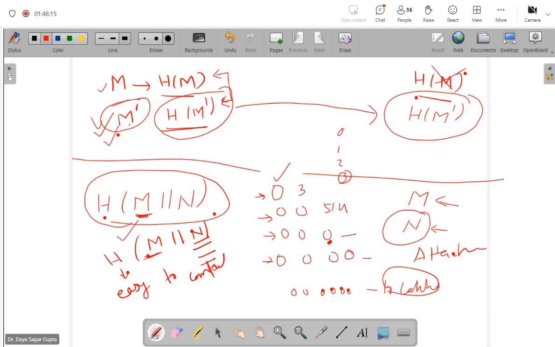That's why it is efficient. So in this manner, this restriction, or introducing the nonce, secures our message. Got the point or anything else?